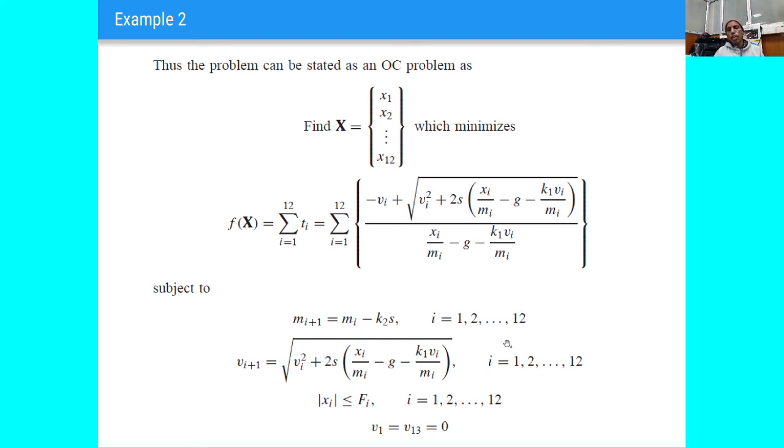Okay, and here again i will be ranging from 1 to 12. Okay, the thrust xi will always be less than or equal to Fi, and here also i will be ranging from 1 to 12. The necessary condition is V1 equal to 0 as well as V13 equal to 0.